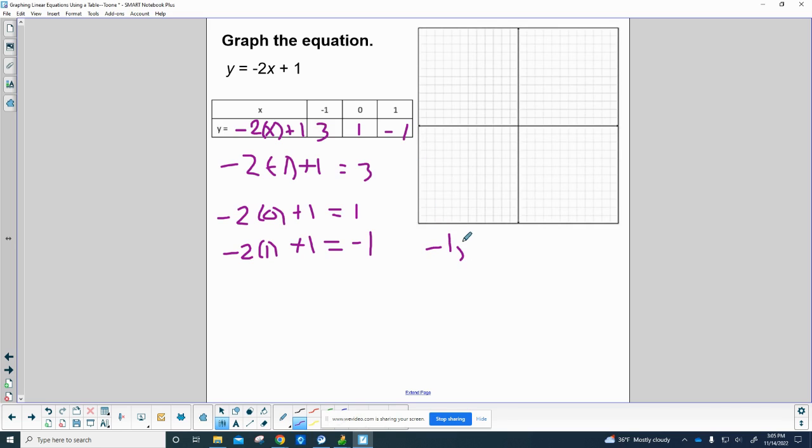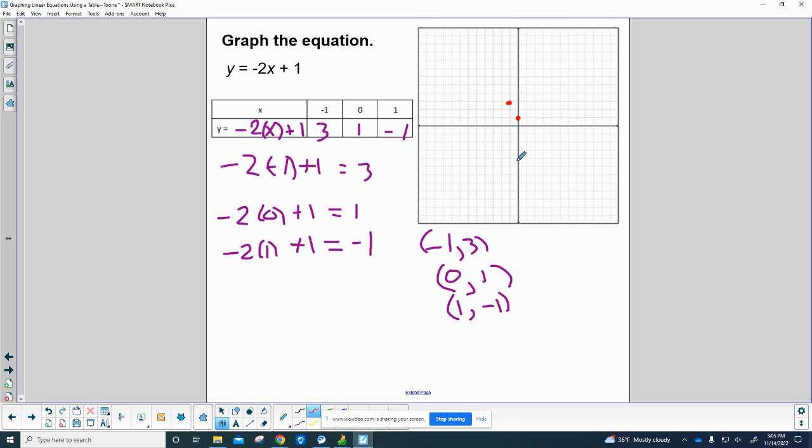Negative 1 and 3, 0 and 1, and 1 and negative 1. So let's graph them up. So negative 1 and 3. So negative 1 and 1, 2, 3. 0 and 1.